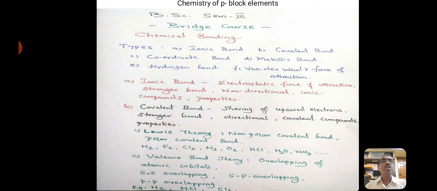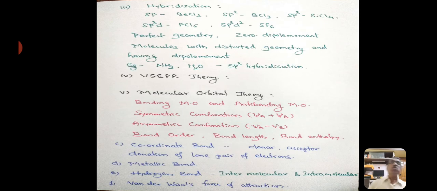This covalent bond was explained by Sidgwick and Powell, and they explained many molecules like hydrogen, oxygen, nitrogen, chlorine, HCl, and so on.